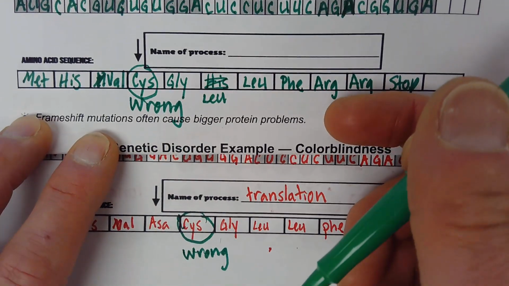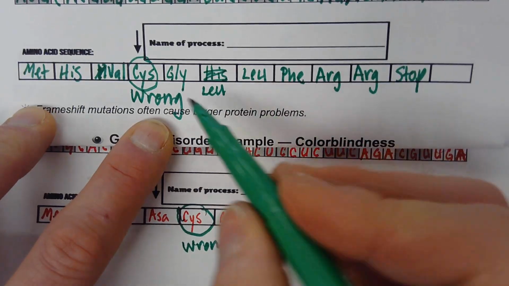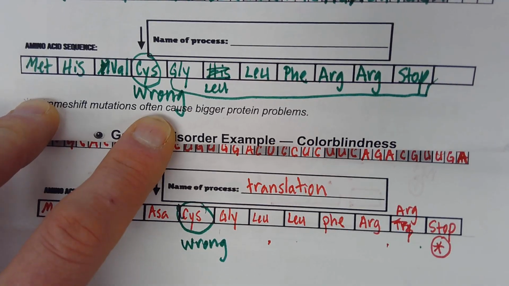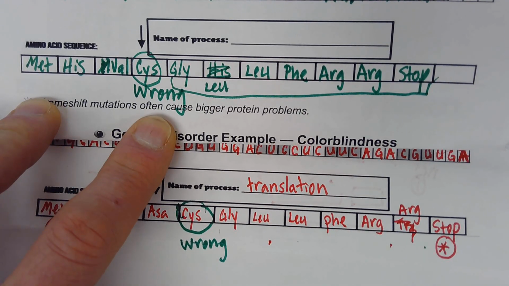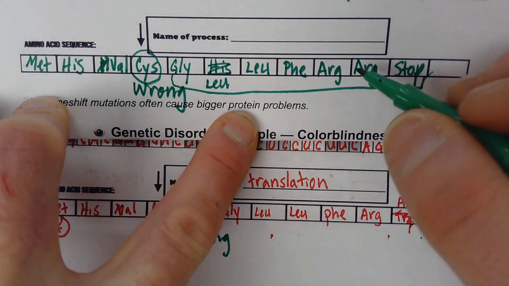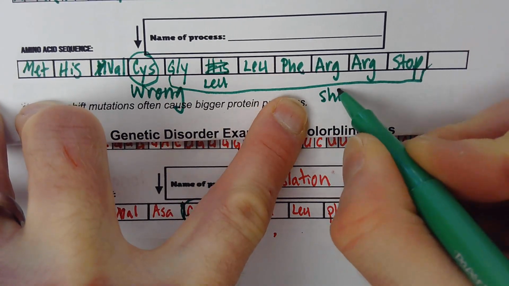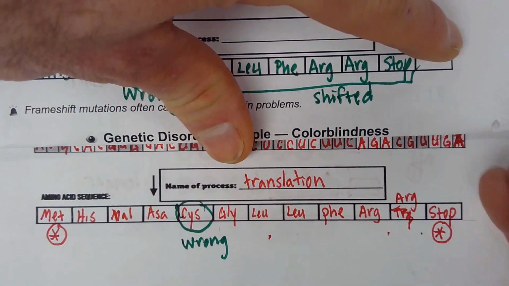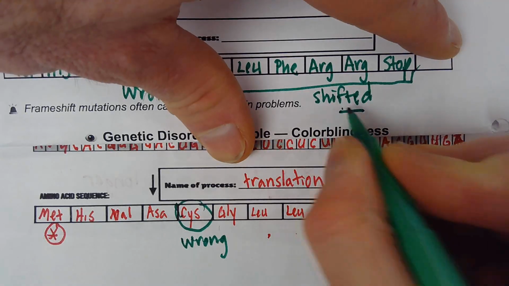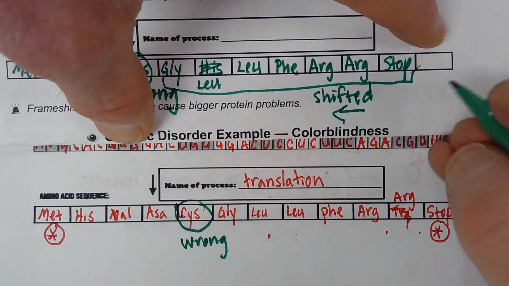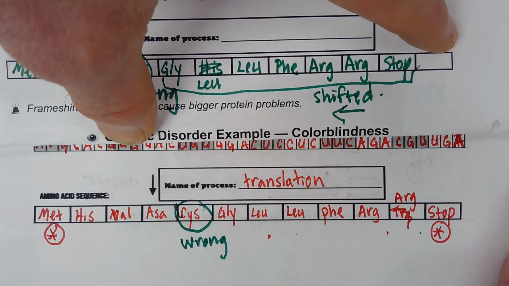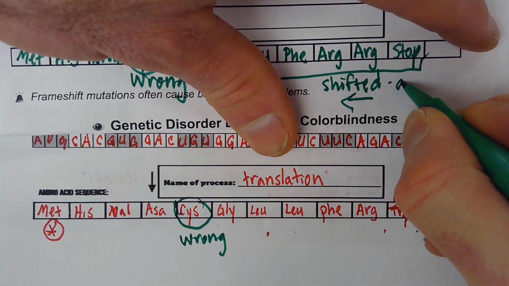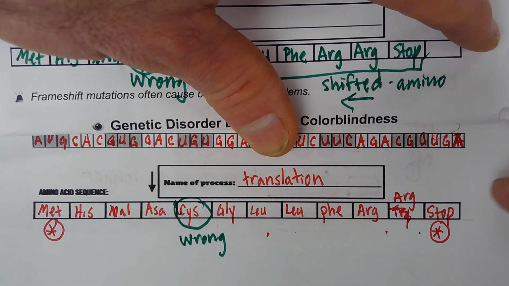Okay, so then you can see that everything after it has shifted. Even though it's the same amino acids, it's missing one, which means the protein is wrong. So it shifted in this direction. And an amino acid is lost.